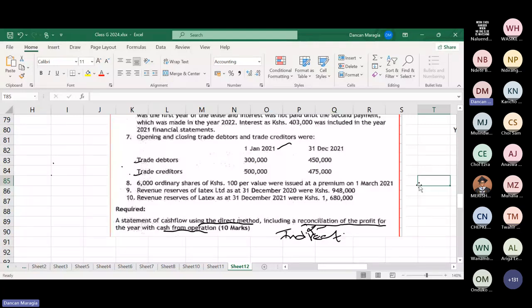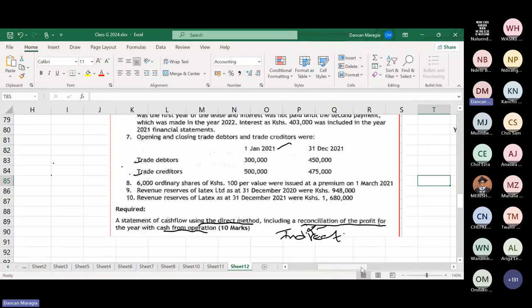What does that mean? It means you have given them an extra debt of 150,000. It was supposed to be money coming in, but it went out because you gave it as a debt.